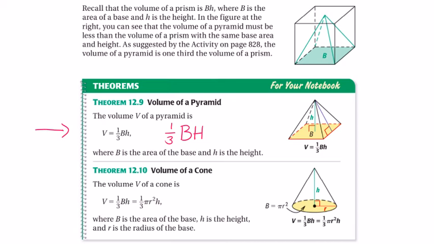You could also denote this as H sub P for pyramid or prism, or H sub S for solid, so that you know the difference between the heights. It is likely that eventually you'll get a triangular pyramid with a triangular base, where there is an H for your base and also an H for your height. So this is the formula we're going to be using.